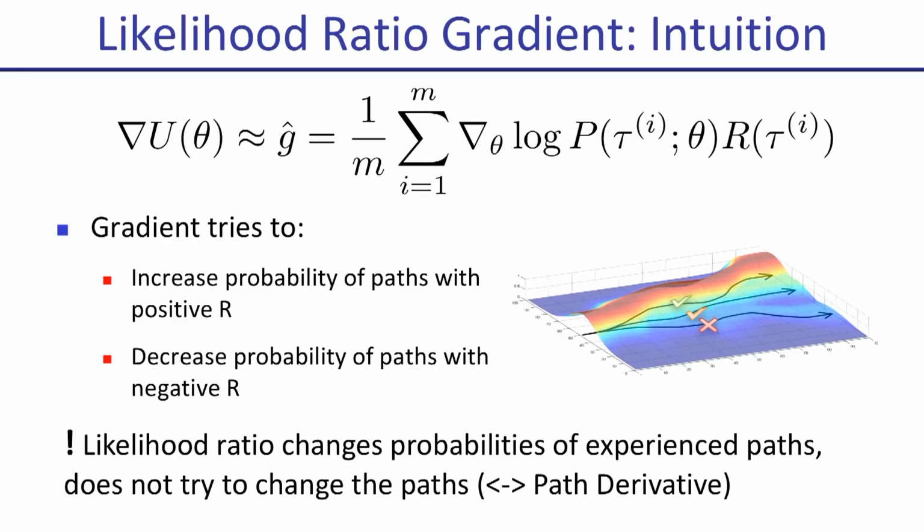And in fact, if all rewards are positive, you'll try to increase log probabilities of all paths. But then because the probabilities need to normalize to 1, in practice you won't be increasing all of them. The way this all will work out is that the neural net living underneath won't be able to increase probability of everything, and it'll have a higher force for the good ones, a less strong force for the bad ones, and ultimately more increase the probability of the good ones, less of the bad ones, or even decrease the probability of the bad ones. We'll dive more into this in the next few slides.